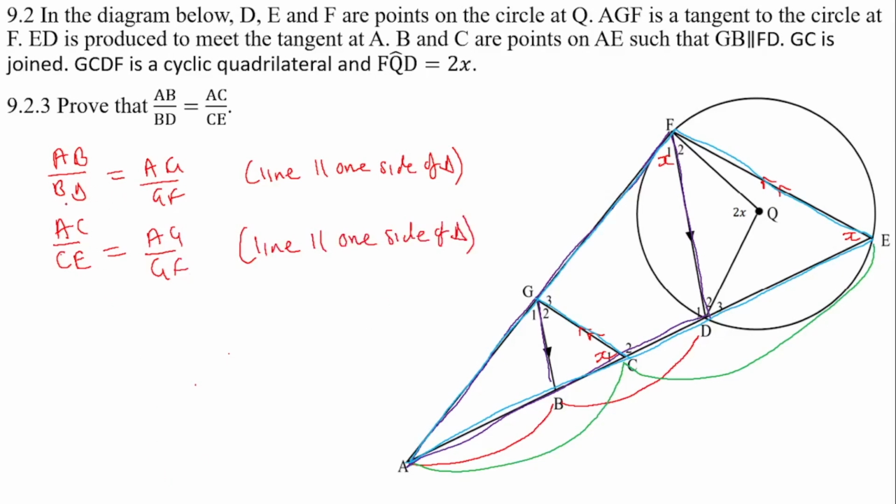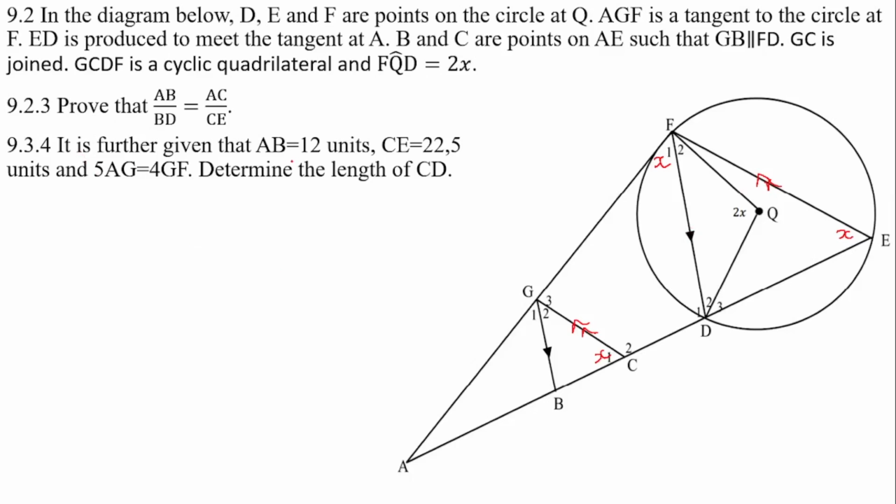So now we're saying AB over BD is equal to AG over GF, and AC over CE is equal to AG over GF. Therefore these two are equal. So AB over BD is equal to AC over CE.